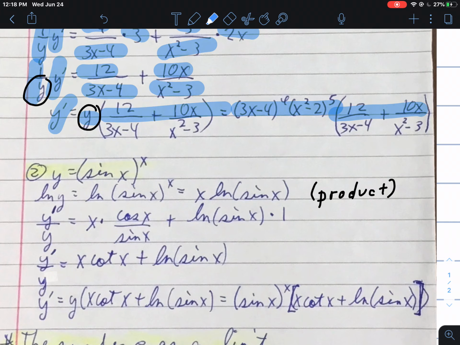So my next question would be, since I see an exponent there, is that function an exponential function, or is it a power function? Because remember, if it's a power function, I can maybe differentiate using the power rule. If it's an exponential function, I differentiate it as an exponential function. But I'm going to tell you now that that function is neither an exponential function nor a power function.